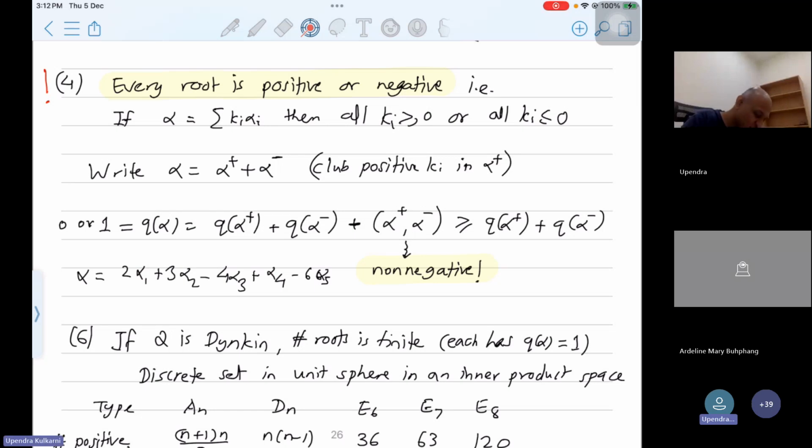And where this was useful is that, you know what, let me not mix this up. The numbering is unimportant. So this is alpha plus and this is alpha minus.